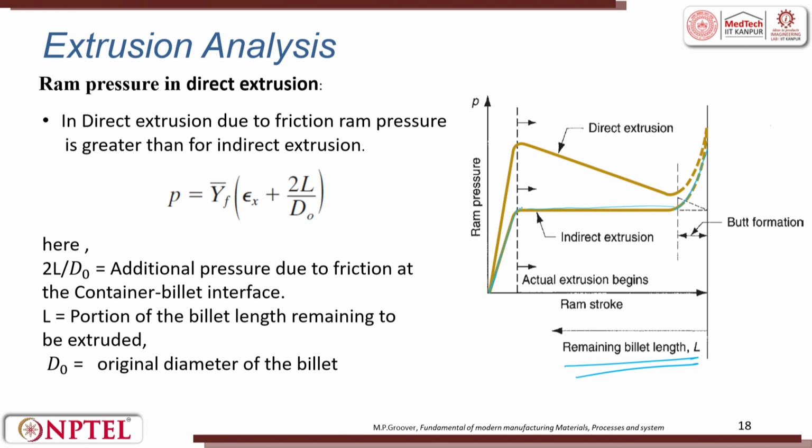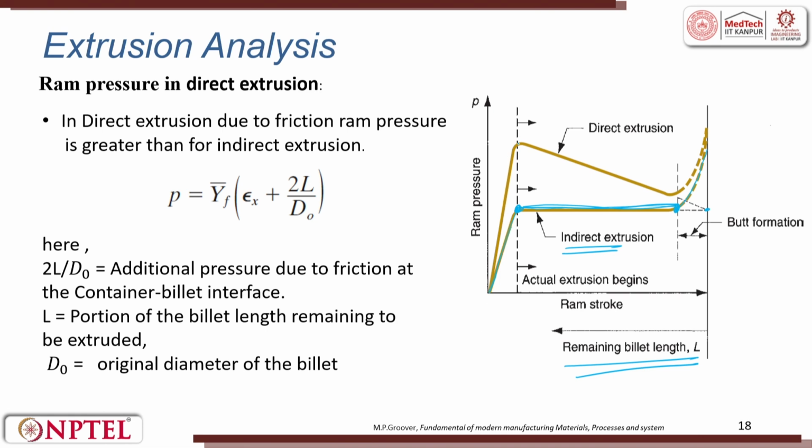So, in the stable region, you will see that actual extrusion begins from here and it ends later, but around about half of it or 3/4 of it, the plateau is the same. So, there you see it in indirect pressure, whereas in direct pressure what happens?